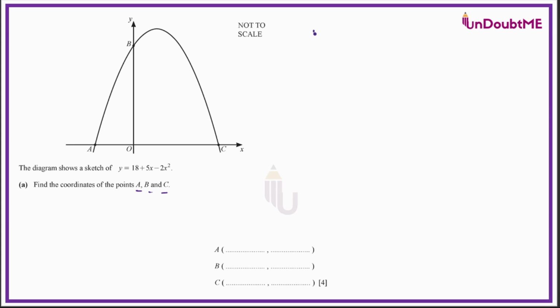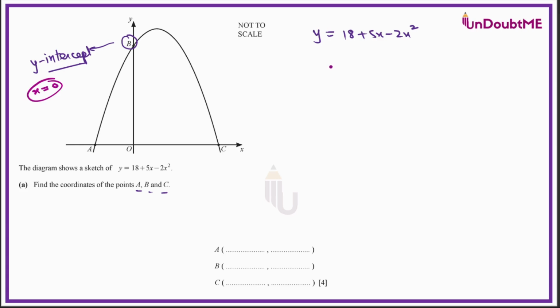Now here if you see that we have a quadratic which is 18 plus 5x minus 2x square. We need to factorize it if it is possible, or else we will go with the formula method. Okay, but before beginning with that calculation we can get the coordinate of B. B is y-intercept, and y-intercept is obtained by putting x is equal to 0 in the equation.